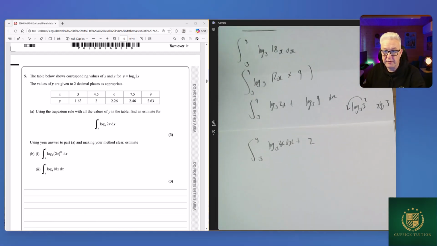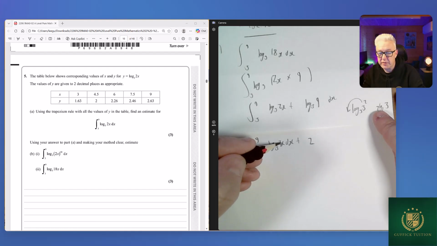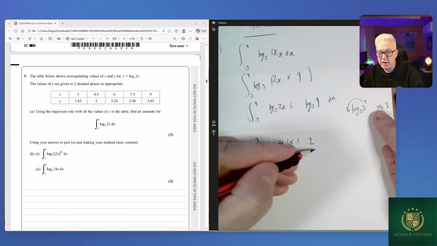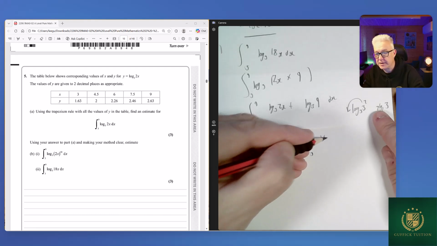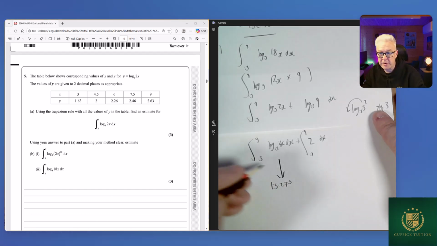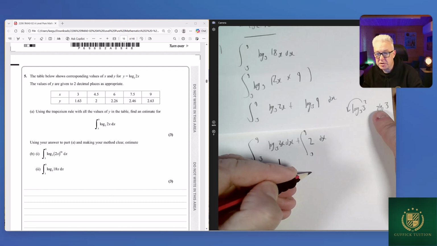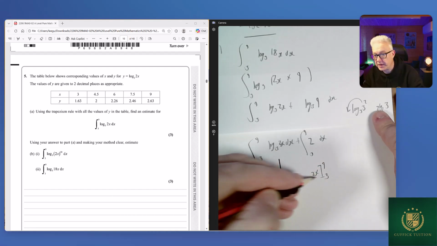Okay, so we're going to have log to the base 3 of 2x dx between 3 and 9, and the integral of 2 between 3 and 9 dx. Now this, we know, is our 13.275 from the answer that we found in part A. And when we integrate 2, it's going to go to 2x in between 9 and 3.